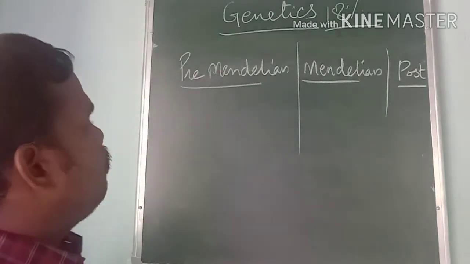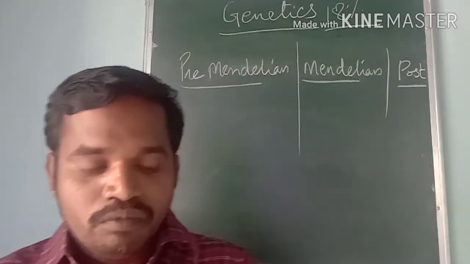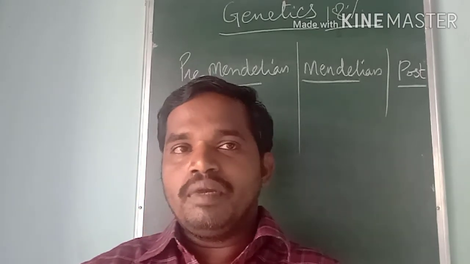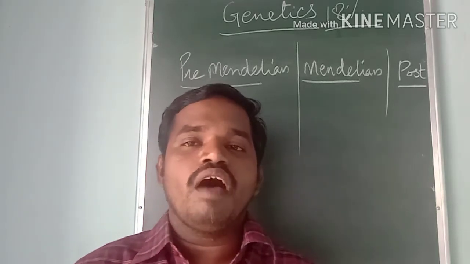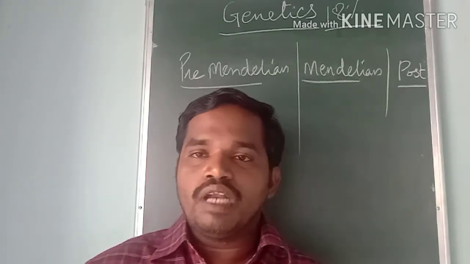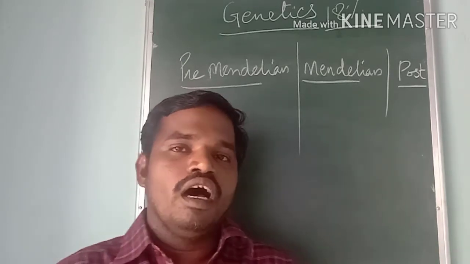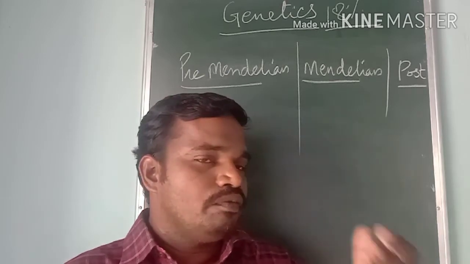So, the pre-Mendelian theories. What are they? Before the Mendelian theory, before Mendelism. The Mendelian theory says the principle of inheritance, that is the transmission of the character from the parents to offspring, and that is done by the factors.